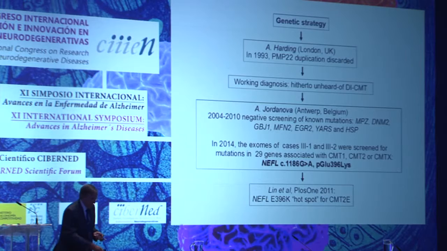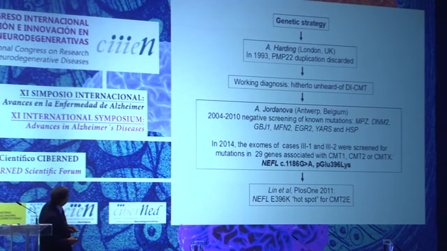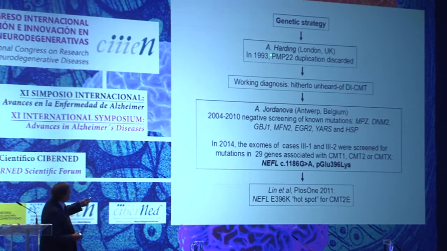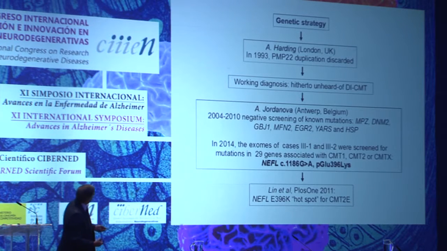And this is the genetic strategy followed in the last 22 years. In 1993, in the lab of Anita Harding, we discarded PMP22, which was the only mutation known at that time, together with connexin 32.